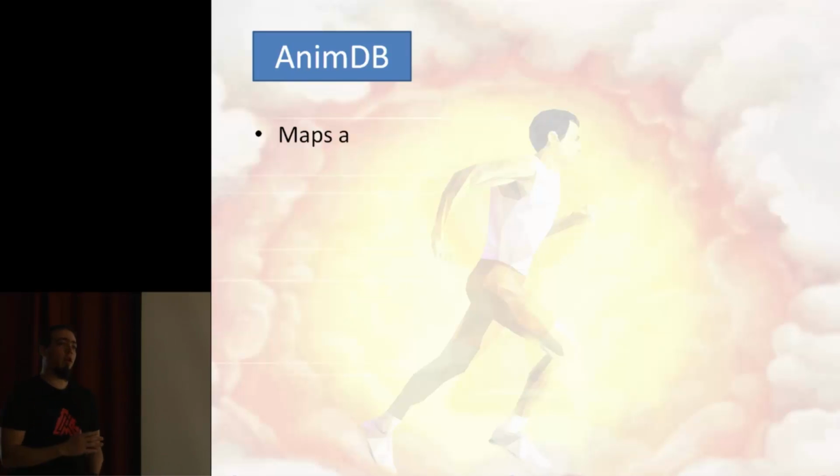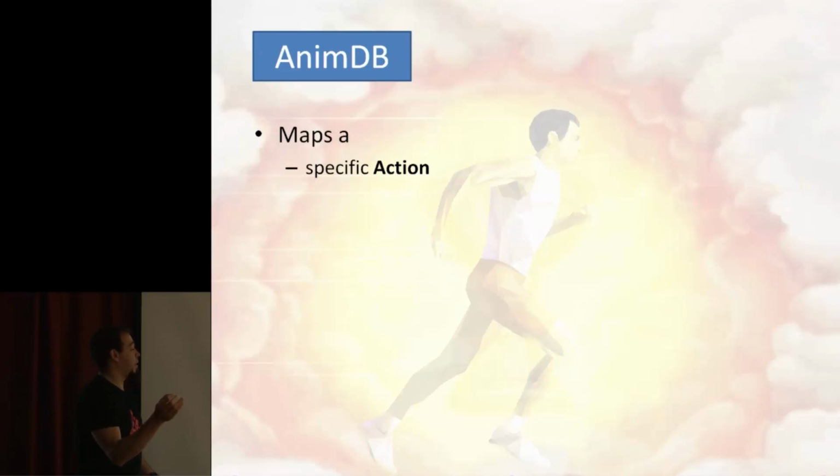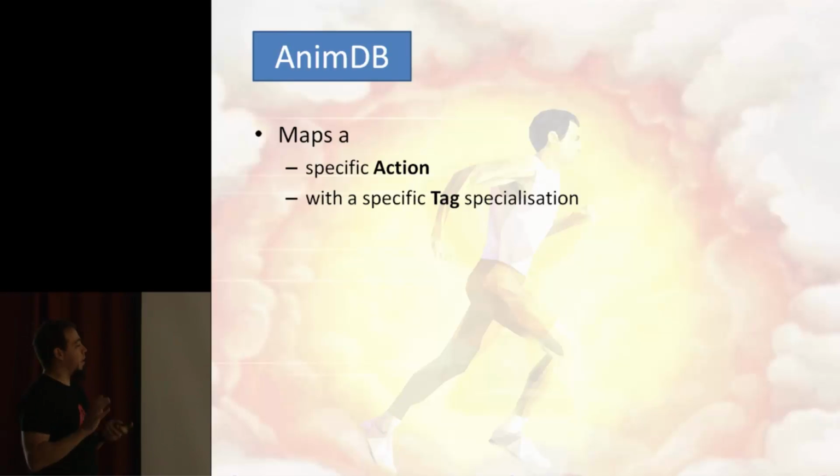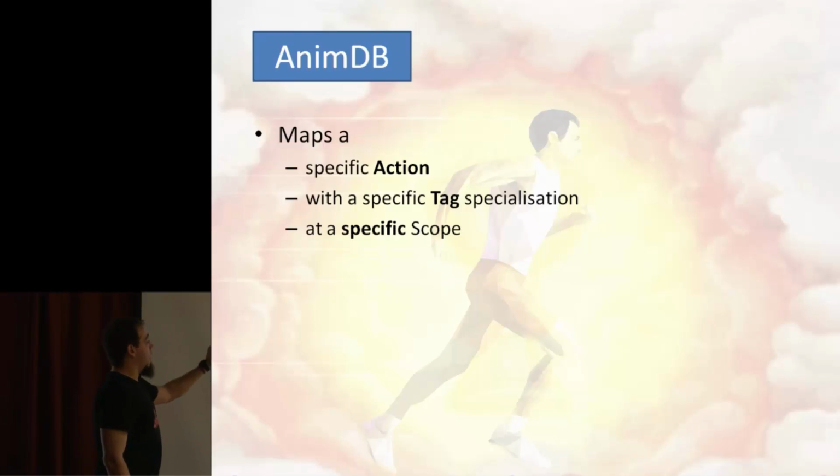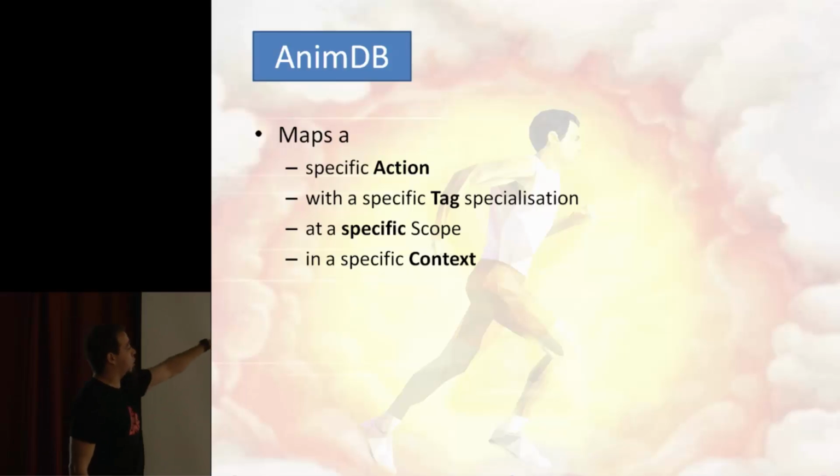Now, taking everything we've talked about, the animation database takes a specific action defined in the action definition file with a specific tag of a specialization or filtering or priority that has a specific scope. I'm going to run on upper body in a specific context. I'm not just going to run on upper body, so I'm not just going to reload.